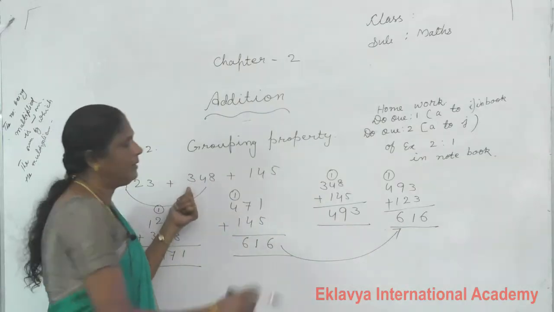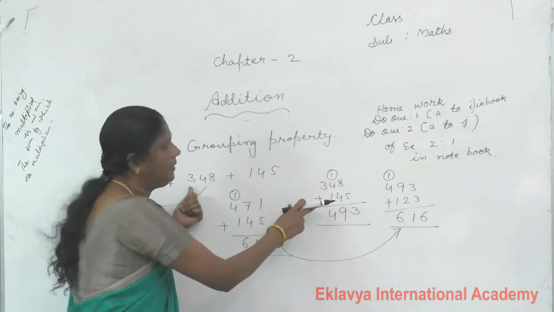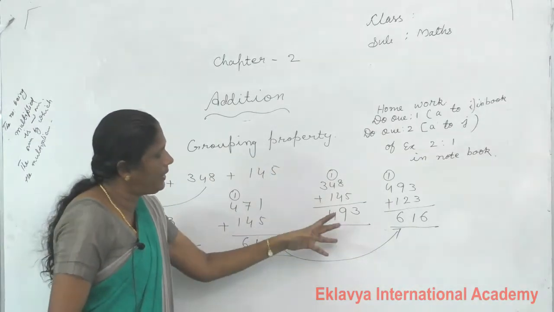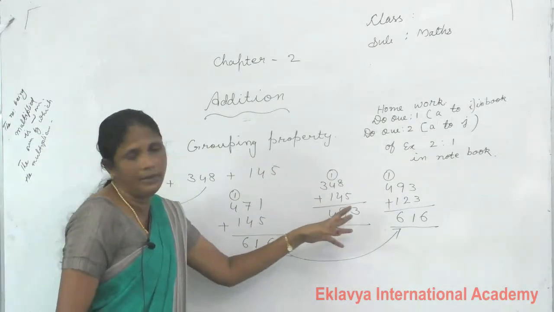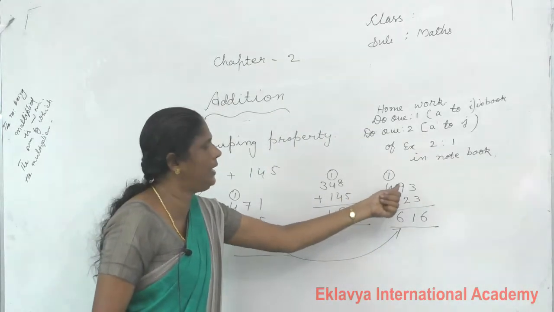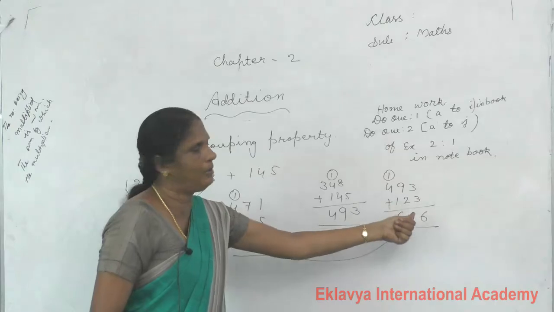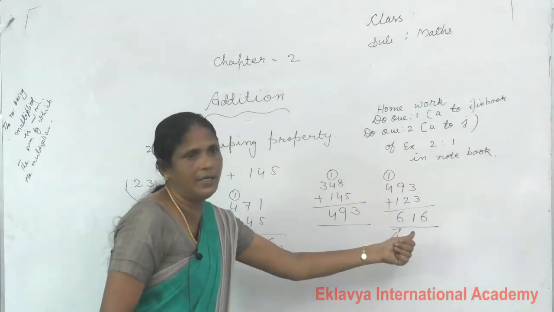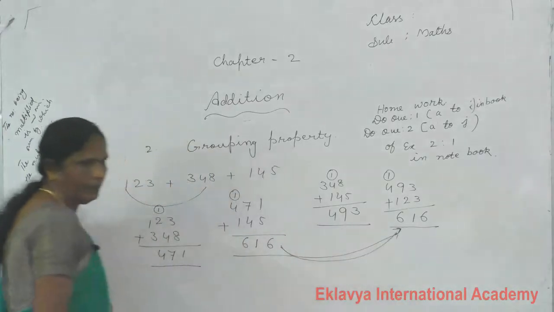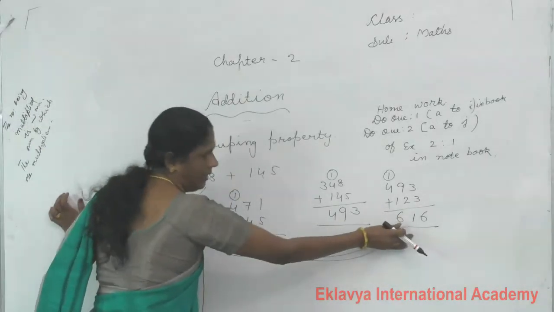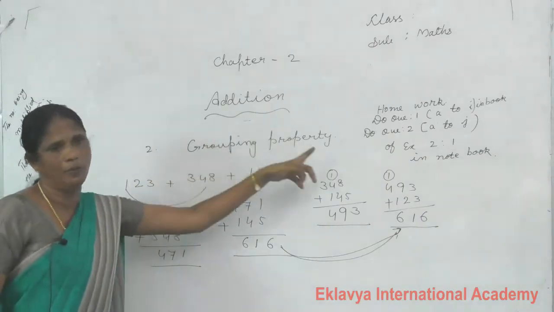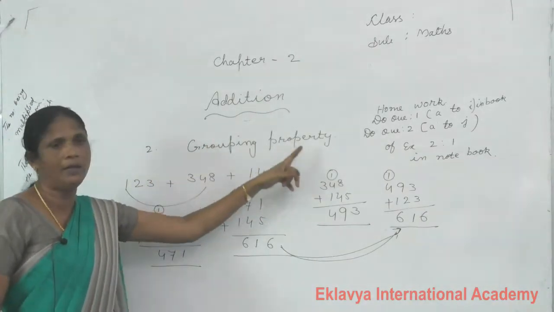First I take 348 and 145, then we add, we get 493. Then 493 added to 123, we get 616. Both final answers are same. This property is called grouping property.